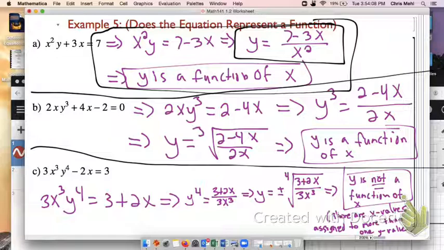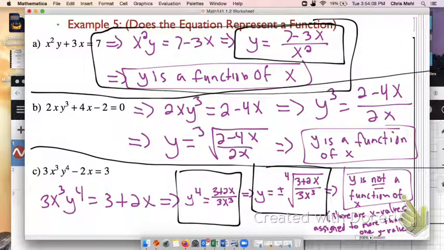And finally, part C, notice this time though y has an even power. You add 2x to both sides, divide by 3x cubed. Okay, but then in the next step after what I've boxed, you have to take the fourth root of both sides. But there are actually two even roots of any positive number, even fourth roots.